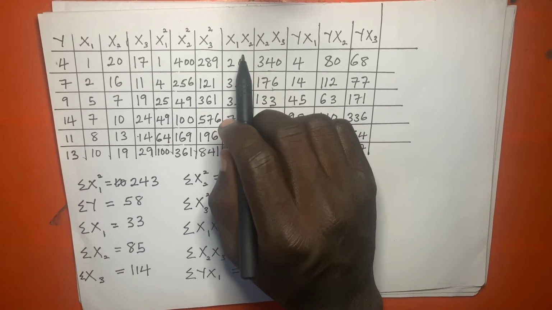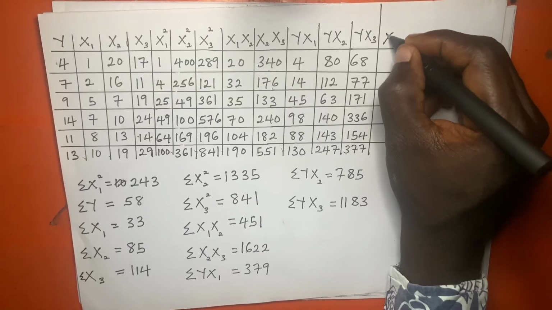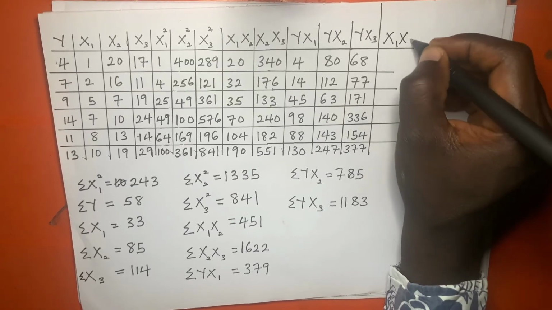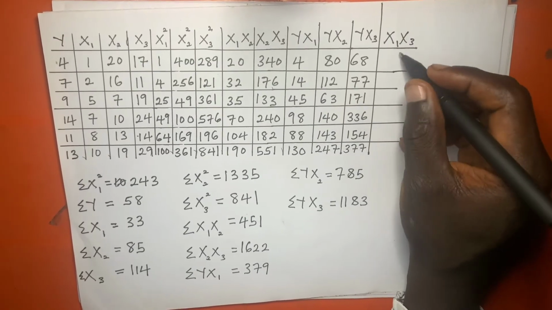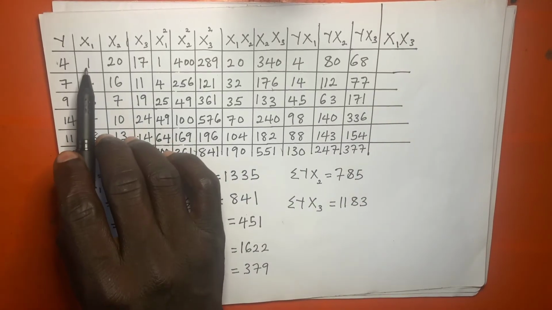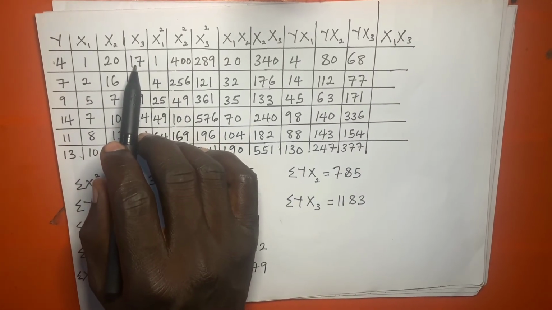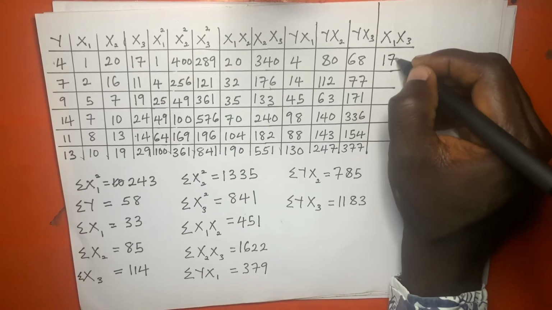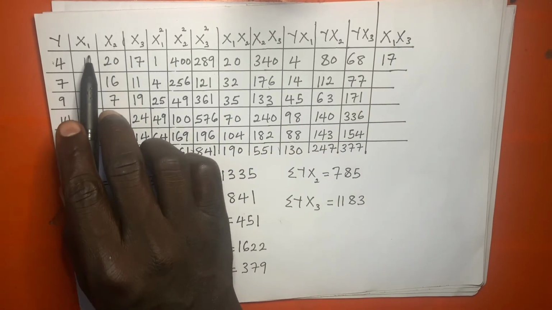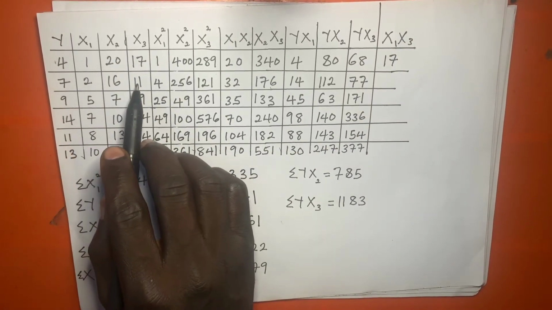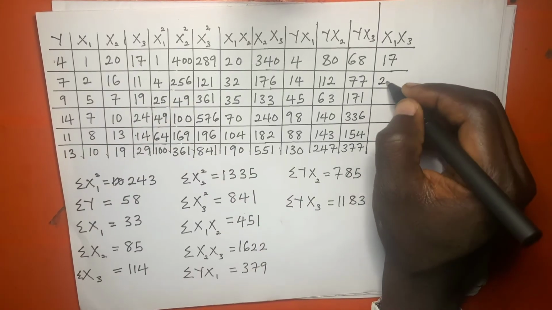So there is one column that is not yet here. We have x1, x2, but we do not have x1, x3 yet in this column. So x1, x3, 1 multiplied by 17 will give us 17. 2 multiplied by 11 gives us 22.